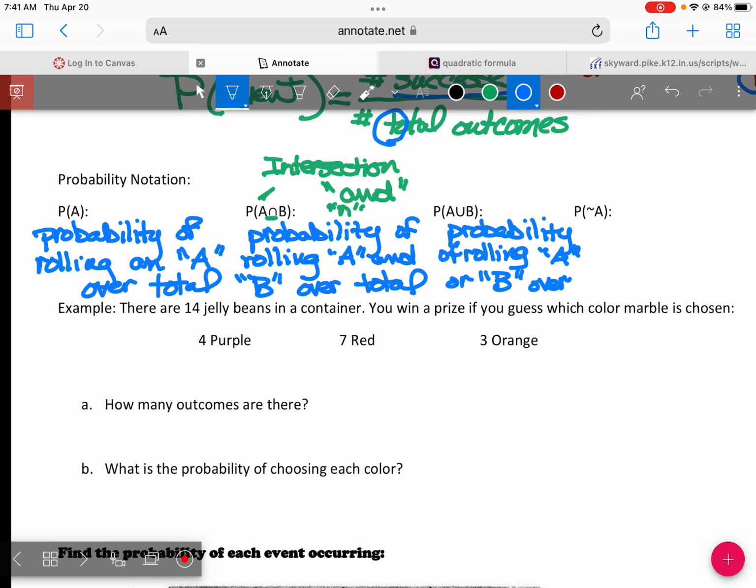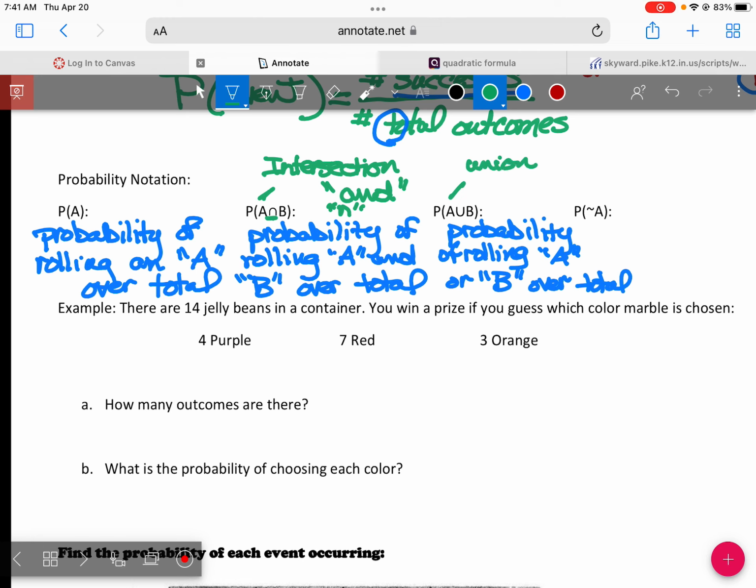An A or a B over the total. Okay, so this looks like a U. U stands for union.